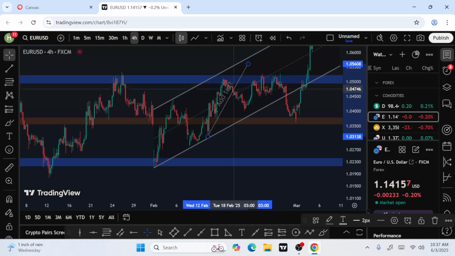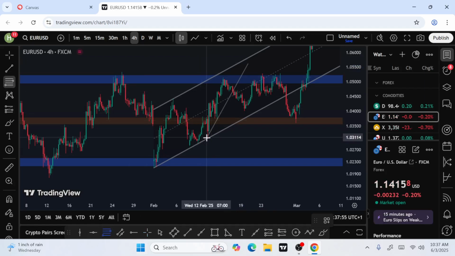So what will you now do when there's a breakout? What will you do for you to know the retracement of this impulsive movement? From this point to the highest point.